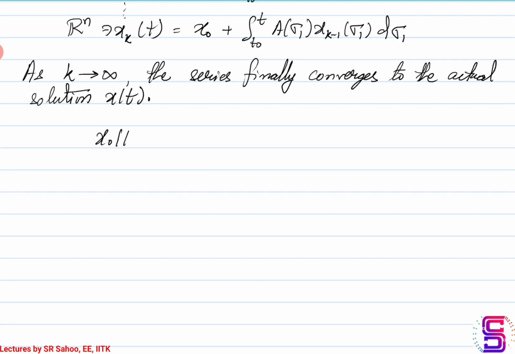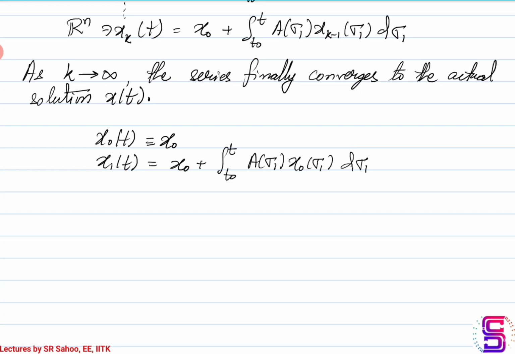So we had that the first entry in the series was this, which is basically the initial condition. What was the second entry? It was x1 of t equal to x0 plus the integral from T0 till t of A sigma 1 x0 of sigma 1 d sigma 1, right?